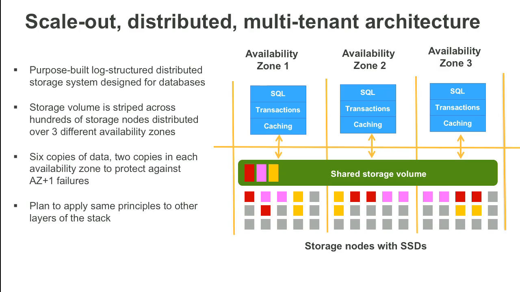So if you think about a storage volume, the storage volume is striped across hundreds of storage nodes that are distributed in 3 availability zones, or 3 AZs. And you can think of an AZ as at least a data center. An AZ is separated from another AZ by about 5 to 15 miles. So each page of your data is replicated into 6 copies, with 2 of them in each availability zone.